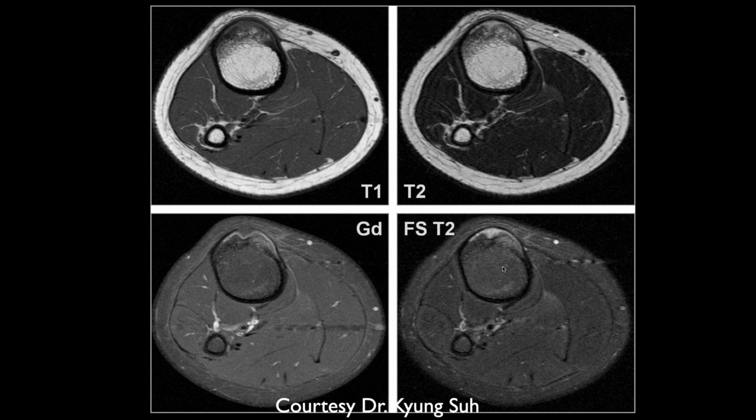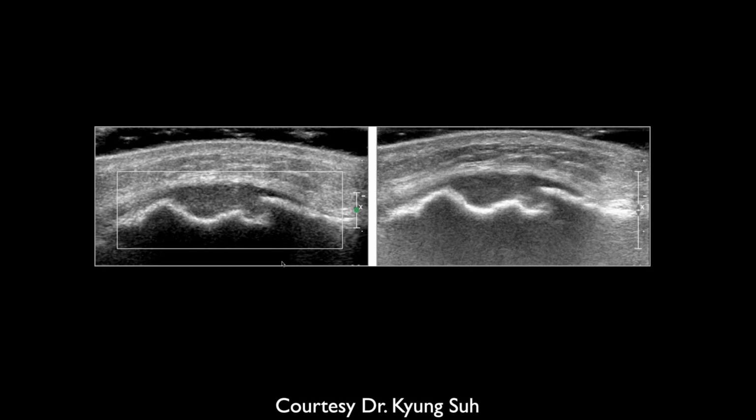There's maybe some very minimal enhancement along the edges right there, and some increased T2 signal. This almost looks like an osteochondroma to me. I see it here too. It's very clear in the ultrasound, very well demarcated.